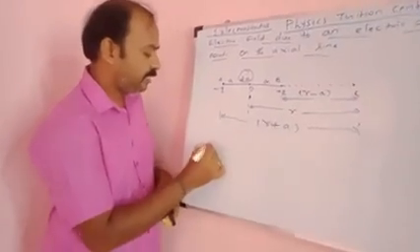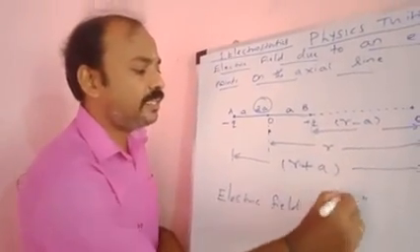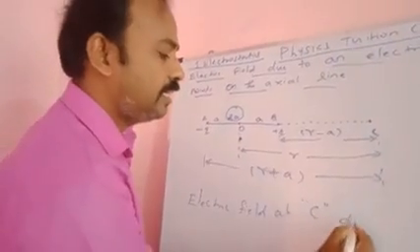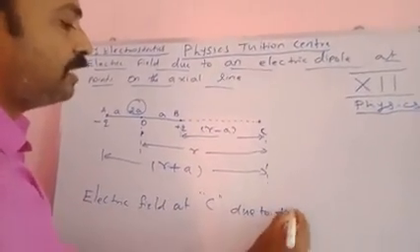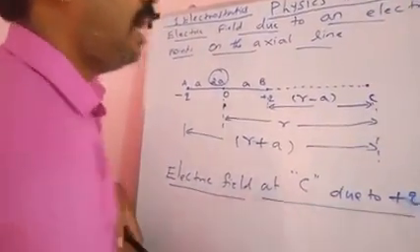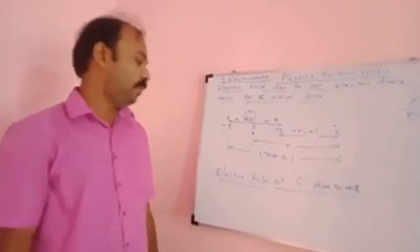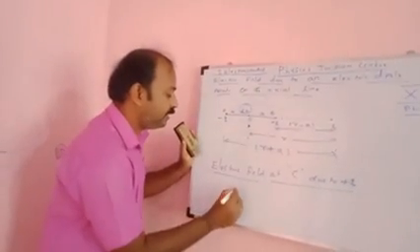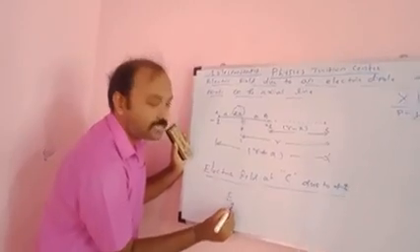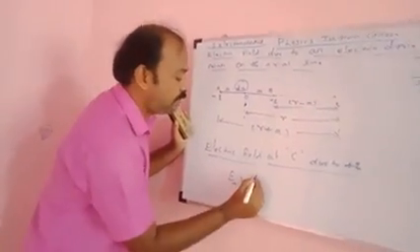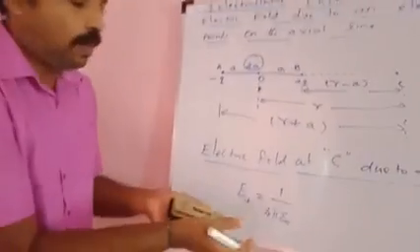First we write the electric field at the point C due to the positive charge plus q. E plus, the electric field at point C due to the positive charge, is equal to 1 by 4 pi epsilon 0, and so on. How do we get this formula?